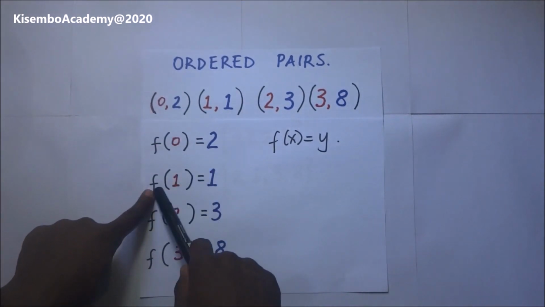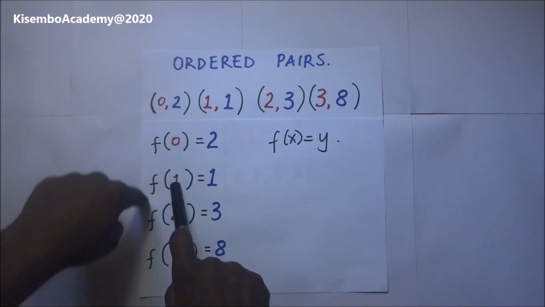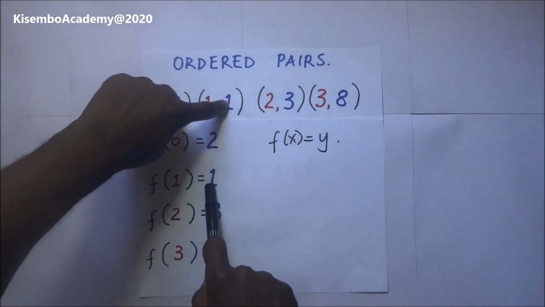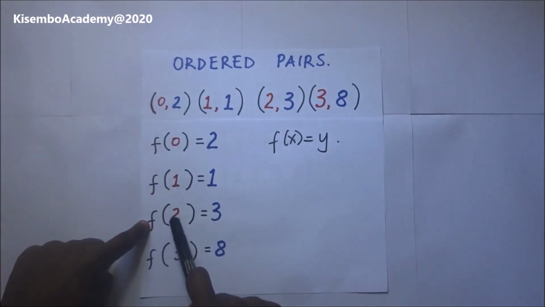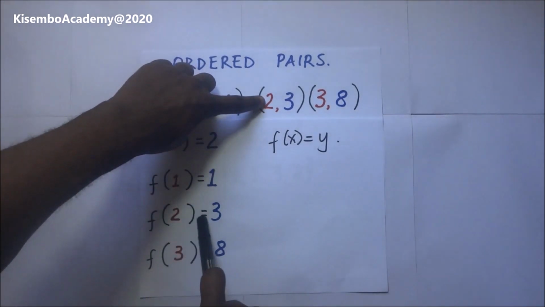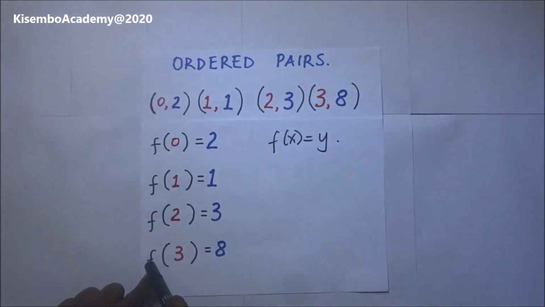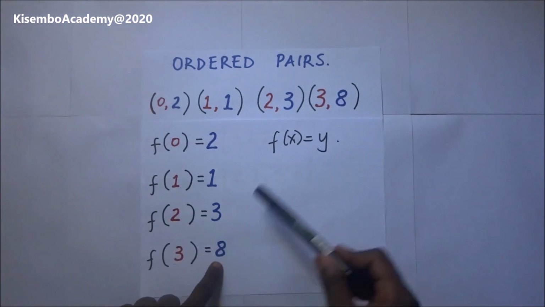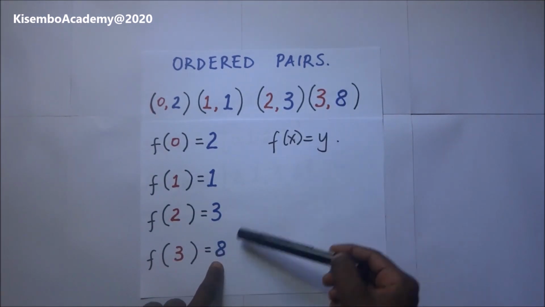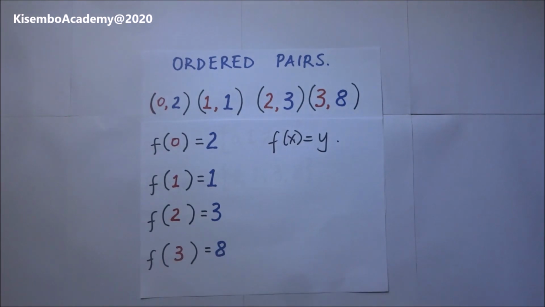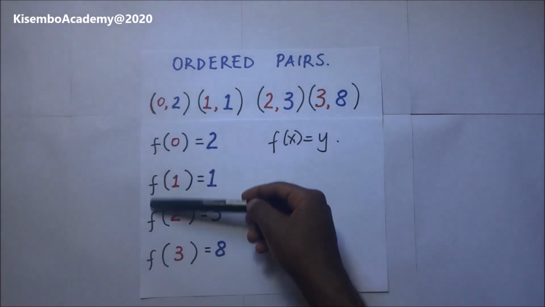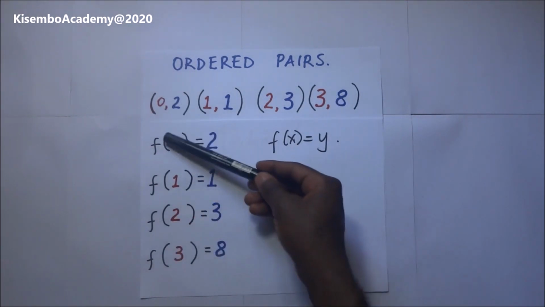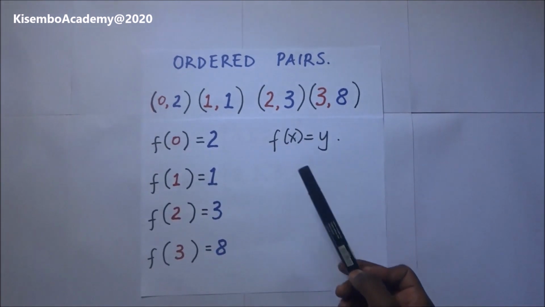Right here, the function f where 1 is the input is giving us 1 as the output. The function f where 2 is the input is giving us 3 as the output. And finally, where the function f is 3, in this ordered pair, it's giving us 8, the value of y, as the output. So this is how we can represent these ordered pairs using the function notation.